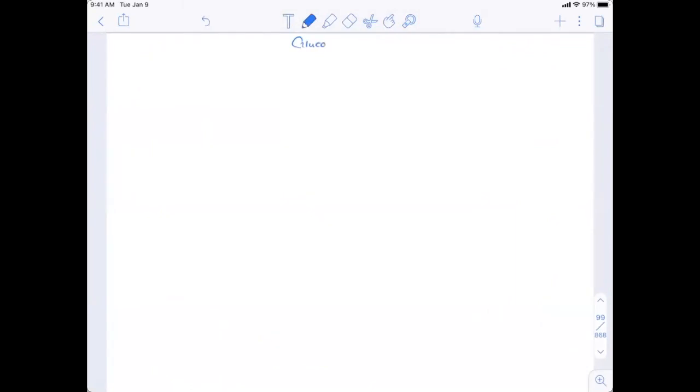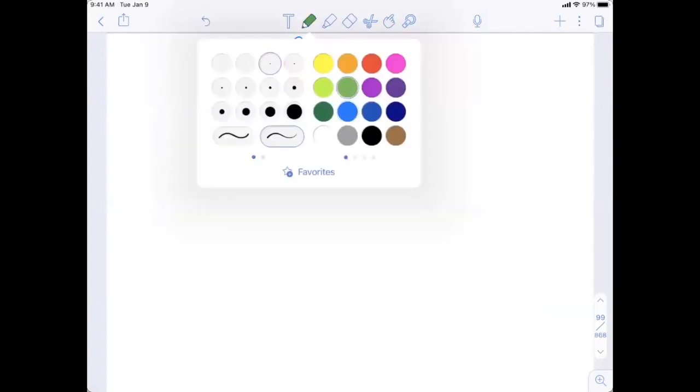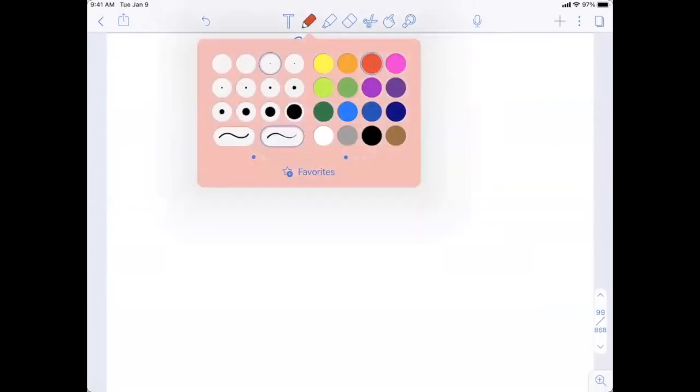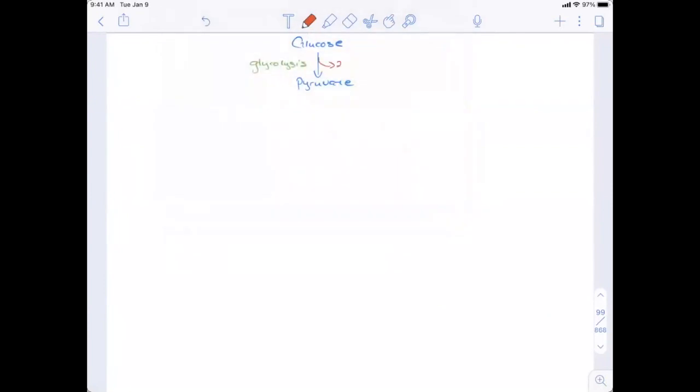When I have glucose and I change that to pyruvate, what's that called? That's glycolysis, right? And we know from glycolysis, we are going to get some ATP. But guess what? It's just 2 ATP.